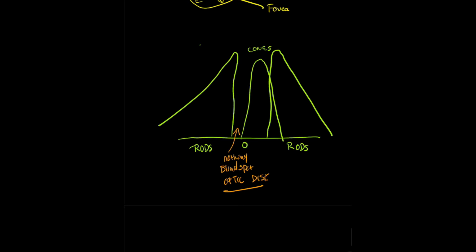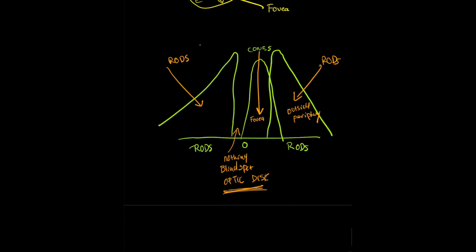Okay? And so this explains why you won't see anything there. But the main thing to understand is cones are primarily in a small area called the fovea, and rods are primarily on the outside periphery of the eye.